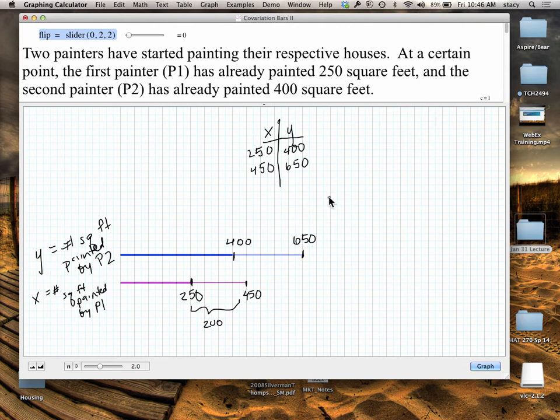So the amount of square feet painted by painter 1 and painter 2, the relative size of the amount of square feet would be constant? Exactly. Okay, so in order to say that x and y are in a proportional relationship, I would actually need the relative size of y to x to be a constant, right? So my question is, can I write this type of relationship? You want to take a second to talk to your neighbor and answer that question?